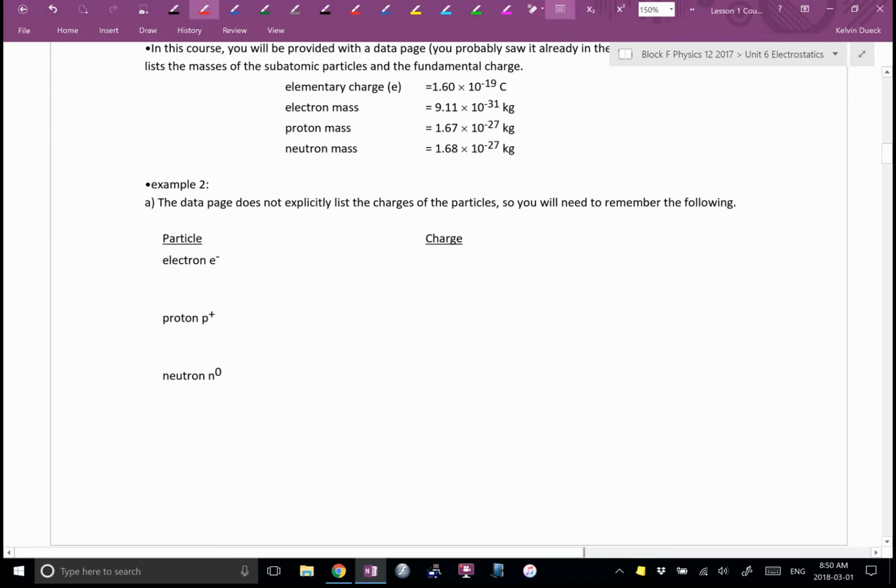So what the data page does not do is explicitly list the charge of each particle, so you'll have to remember the following. An electron is negative, and so the charge on an electron is negative 1.6 times 10 to the negative 19 coulombs. You'll have to remember, and I think you all know this from your science and chemistry knowledge, that a proton is positive.